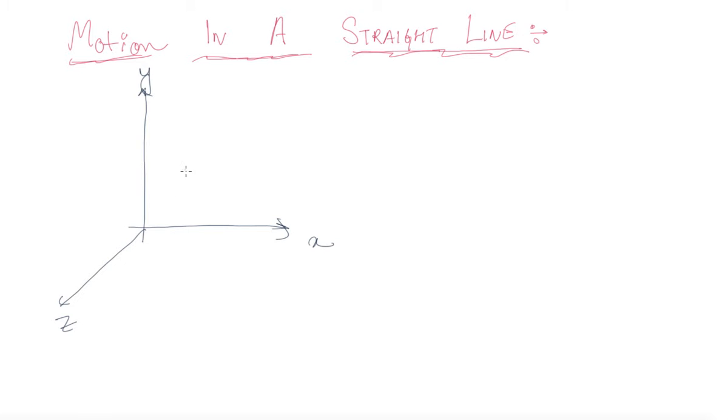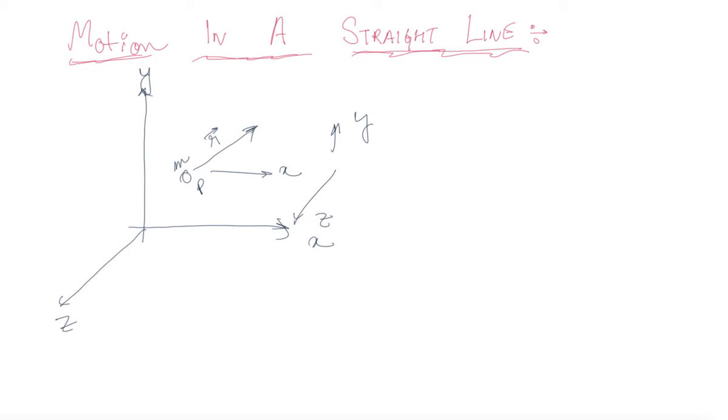So suppose this is an object of mass m and it's moving in a direction somewhere over here, say in an r direction at the point P. Now individually you can break this into its x component, its y component and its z component.